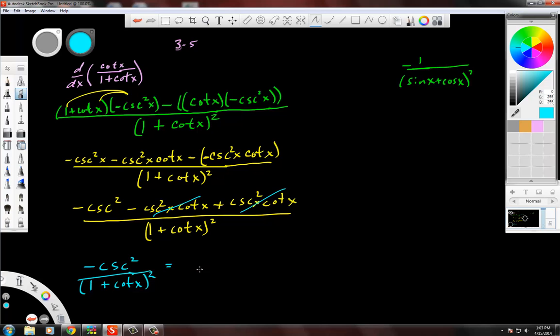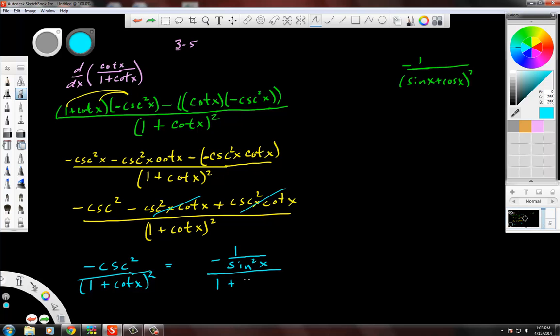Okay, so I made negative cosecant squared into negative 1 over the sine squared of x. So these two, this right here and this right here, are the same thing, and that's all over 1 plus, well, actually, let me go back.